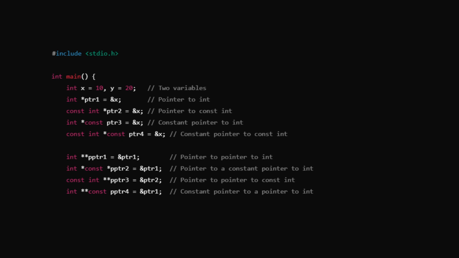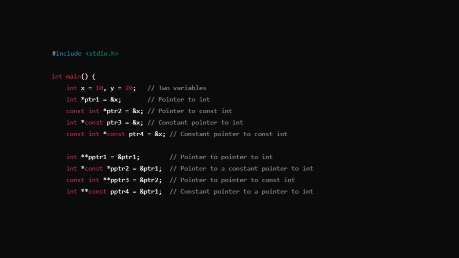5. int **pptr1. A double pointer that can modify the value of x through dereferencing, **pptr1 = 50. 6. int *const *pptr2. pptr2 points to a constant pointer. You can reassign *pptr2 to another variable, but cannot modify the value it points to. 7. const int **pptr3. pptr3 is a pointer to a constant integer.